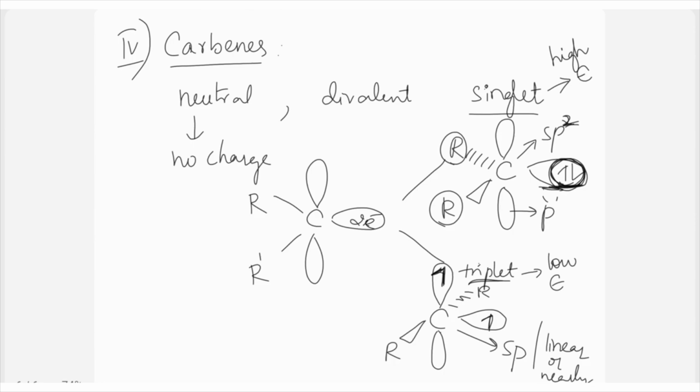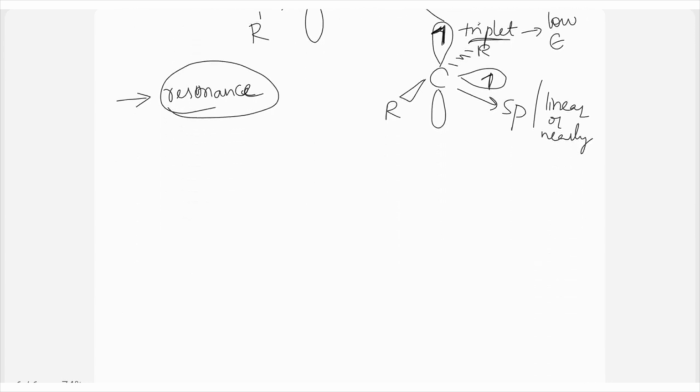So this is the basic information about carbenes, and their stability is generally supported by the resonance. Resonance will support the stability of the carbenes. If we look at the decreasing order of the stability of different singlets, it is CF2 greater than CCl2 greater than CBr2.